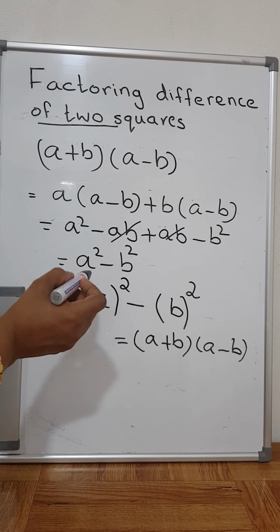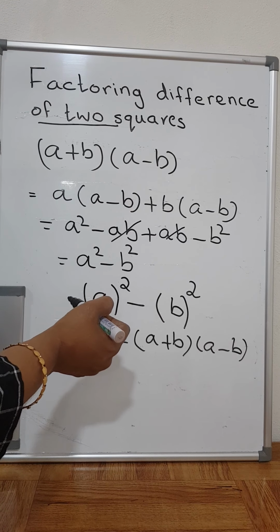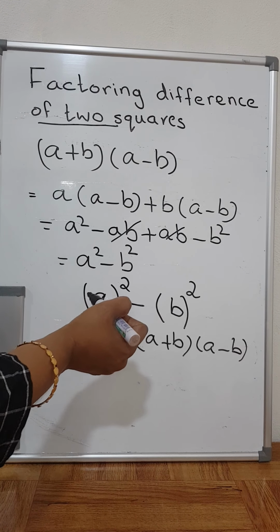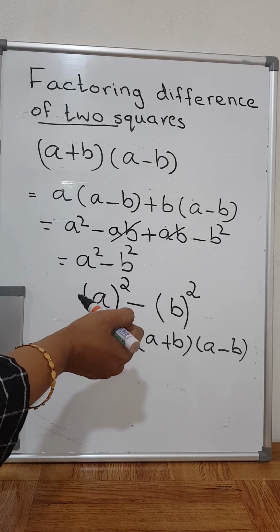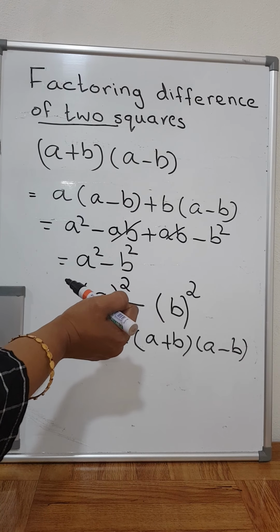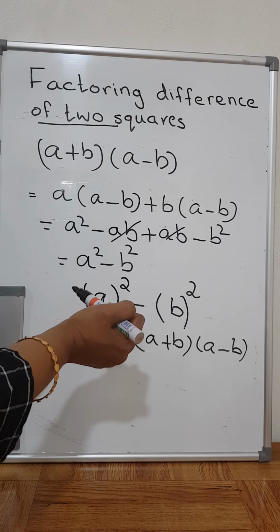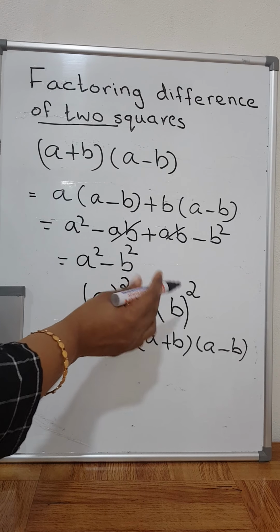Whenever you have two quantities and there is a negative sign in between them, you can try to factor using difference of two squares. It's also called the difference of two perfect squares because we usually use it for finding the factors of a difference of two perfect squares.